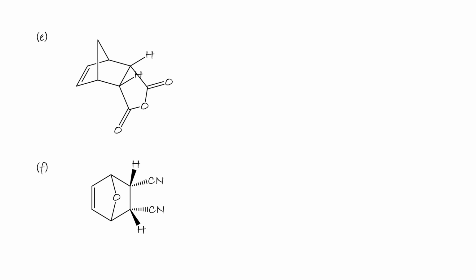For this one, here is 1, here is 4, cut in here, cut in here. Here is our diene, and here is our dienophile. After we cut, we add a double bond in here. That's it.